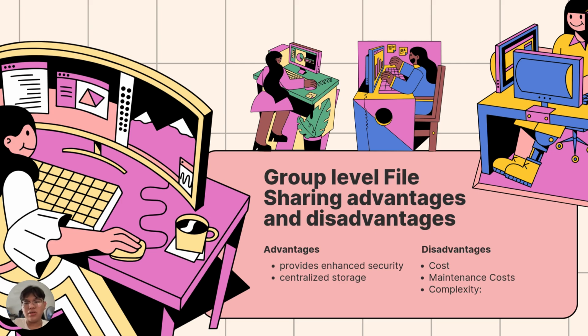Administrators can configure different levels of access to documents for different users. Centralized storage provides centralized storage and access control. The cost can be expensive for businesses needing large storage or advanced features. Maintenance cost: the cost of subscribing to the file sharing service, additional hardware cost, and maintenance cost. The complexity is that it is more complex to set up and manage compared to user level sharing.